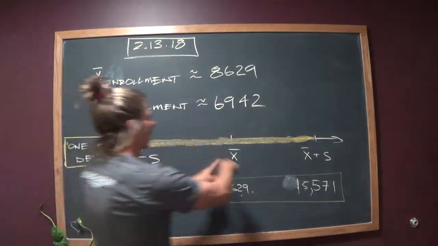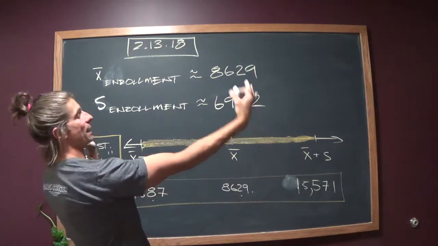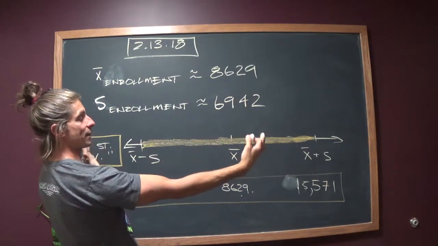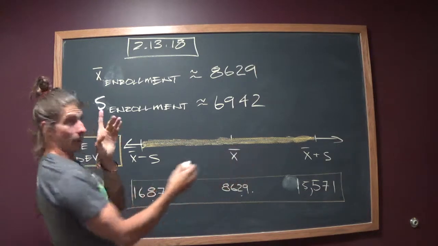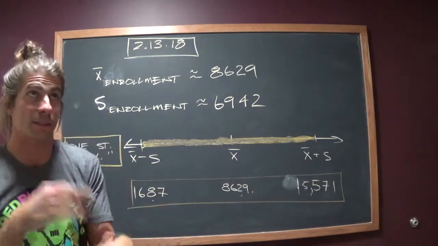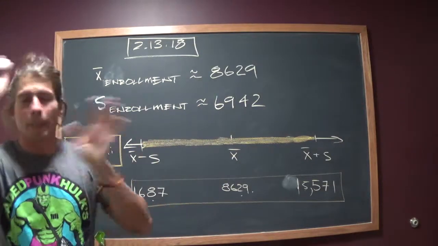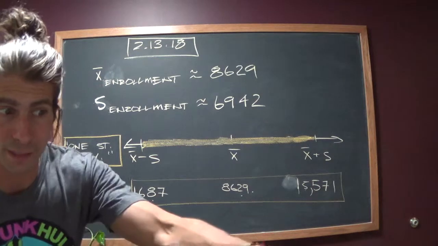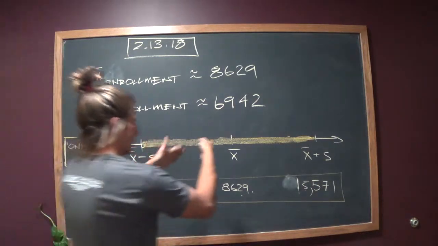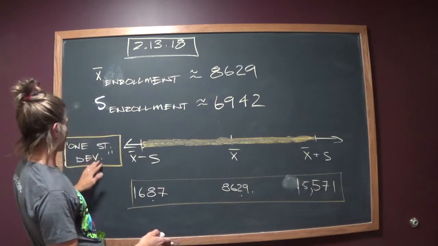When you add and subtract that to the average, you create the range of values that is within one standard deviation of that average. Now, that has implications, as you remember from class. It's got the 68, 95, 99 property, the empirical rule. I don't care about any of that right now. That doesn't answer this question. All it does is show us the range of values that are termed one standard deviation.